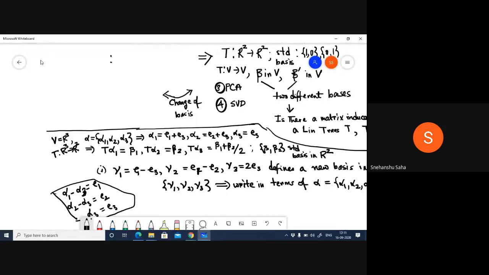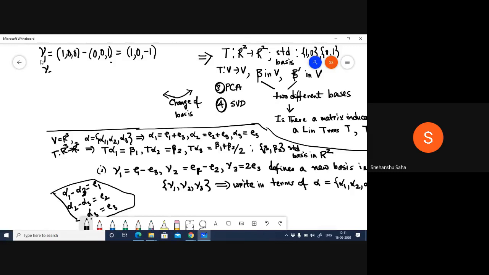Let's just see what happens to gamma 1. Gamma 1, as we know, is E1 minus E3. Now, what is E1 minus E3? E1 is 1, 0, 0, and E3 is 0, 0, 1. So this is 1, 0, and minus 1.